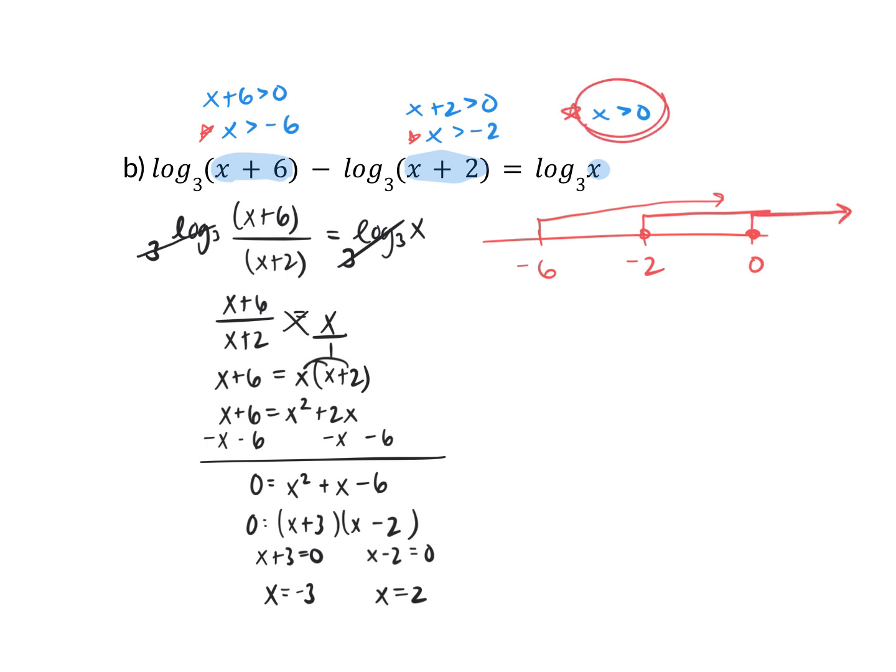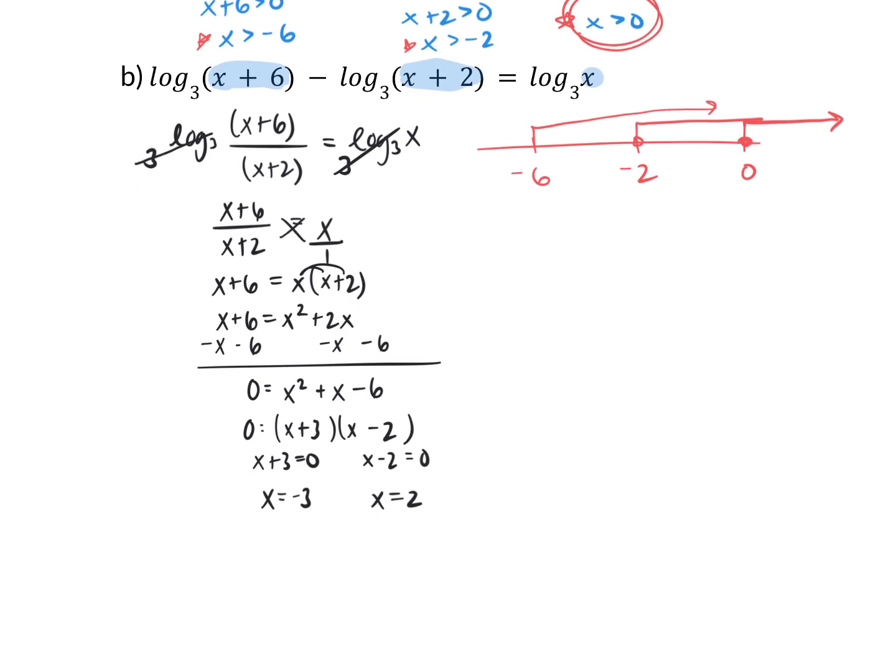So our winning domain is actually x > 0. Going back to my solved answers, I got x = -3 and x = 2. So -3 is not in our domain, but x = 2 is. So make sure you check your domain when you have logarithmic functions.